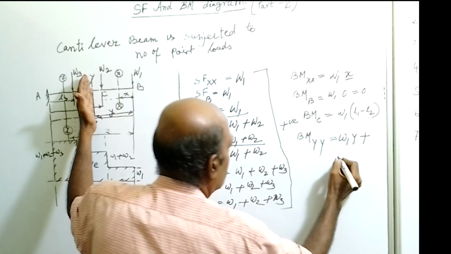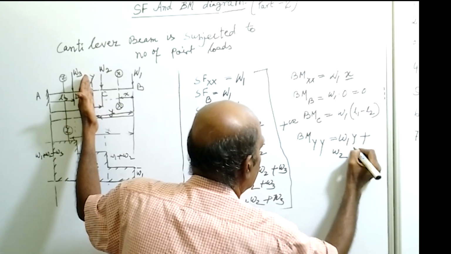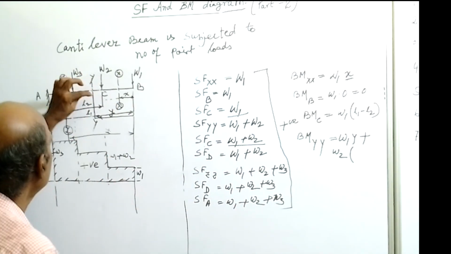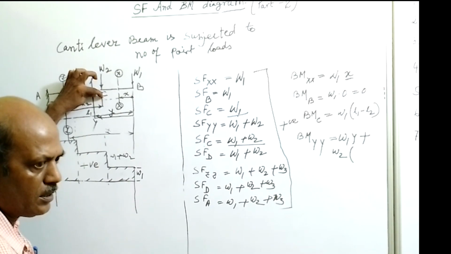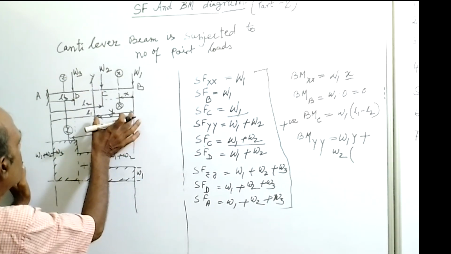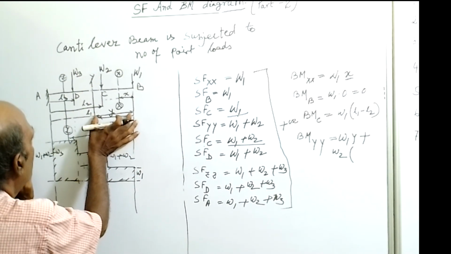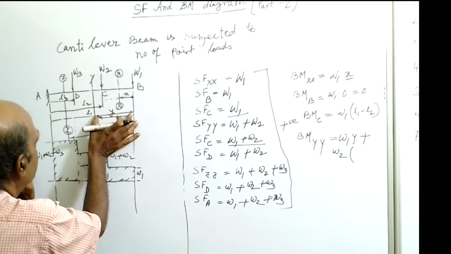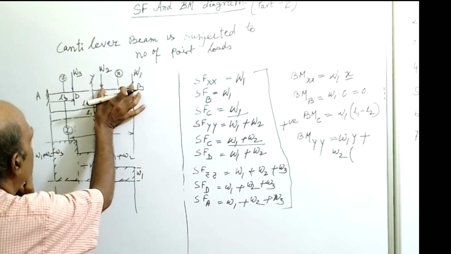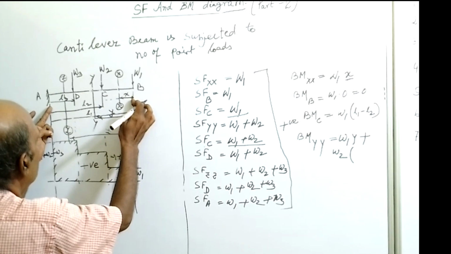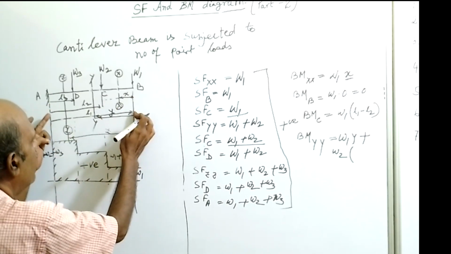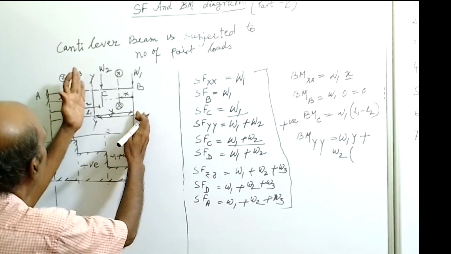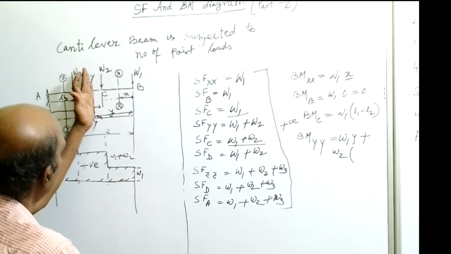Total distance is y and this distance is L1 minus L2, so we have to take moments about this section.